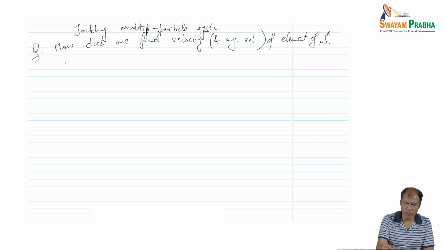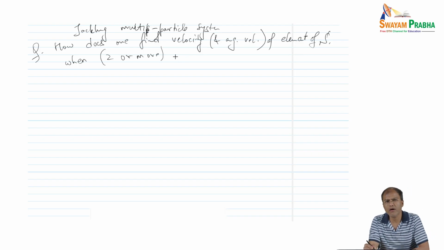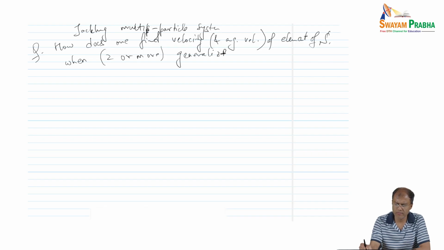When two or more generalized coordinates vary simultaneously, we are talking now of a multi-particle system, so we go back to our discussion using generalized coordinates.